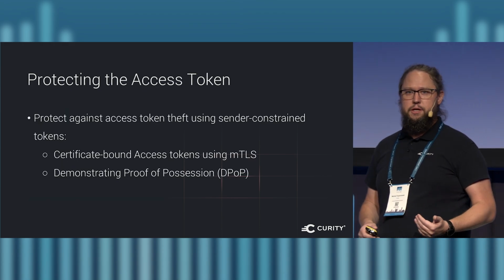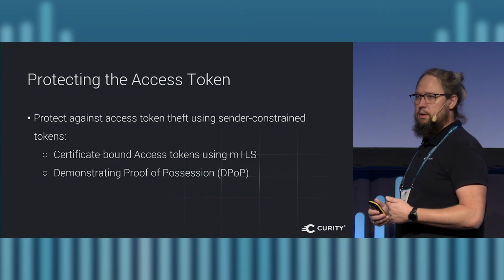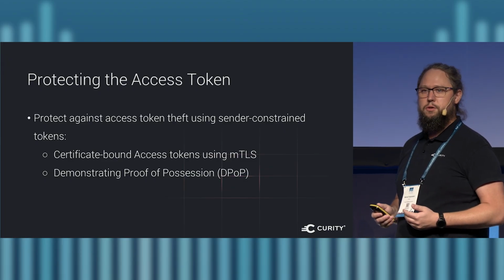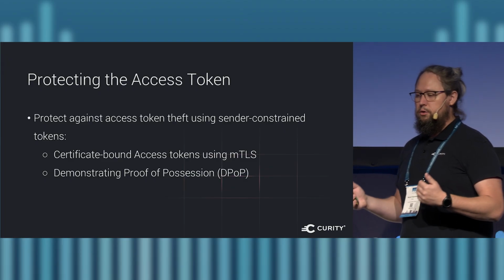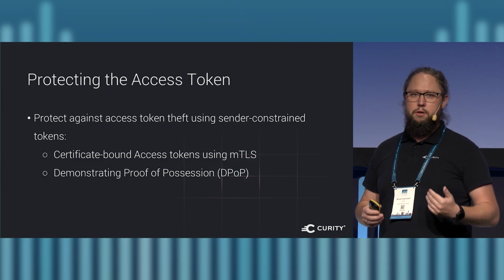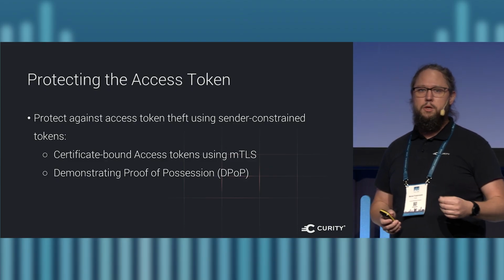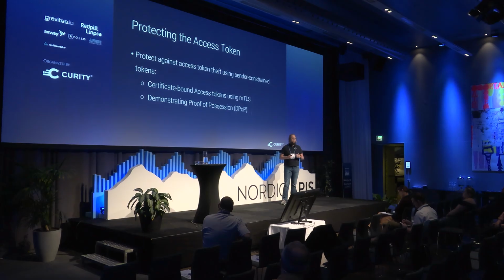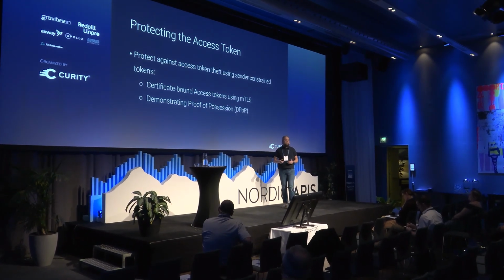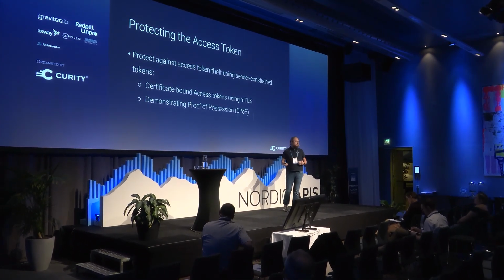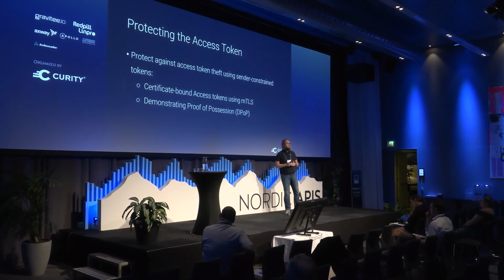Another solution for protecting the access token is using sender-constrained tokens. You want to ensure that even if someone steals an access token and intercepts it somewhere, they won't be able to call your API, because for sender-constrained tokens, they would also need access to the private keys that are in possession of the client.